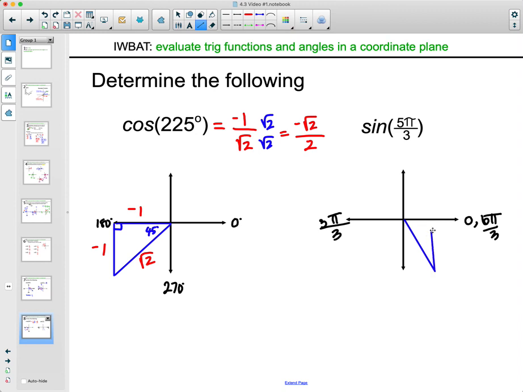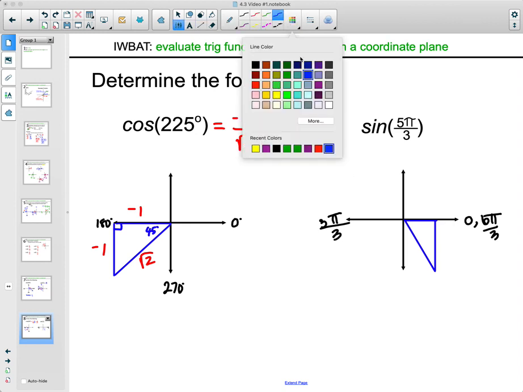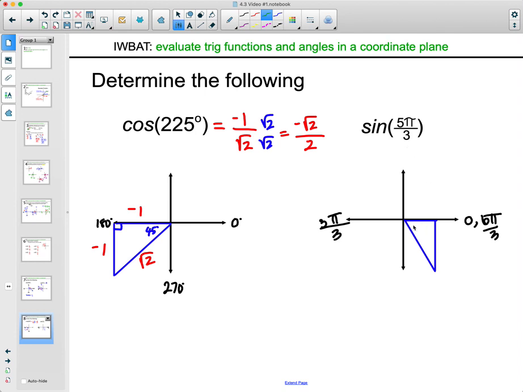And pi over 3 is like a 60 degree angle, so it's kind of a big one. So that's 1 pi over 3 for a reference angle. If this was 5 pi over 3, then another pi over 3 would finish it off for that whole 2 pi rotation. So the reference angle is pi over 3. That's the big angle, so across from that is square root 3.